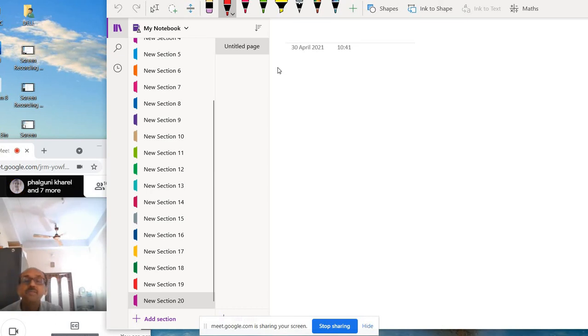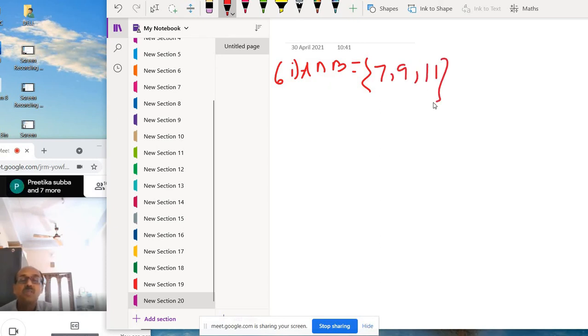A intersection B equals 7, 9, 11. This is A intersection B. Now question number 2, B intersection C. B is 7, 9, 11, 13 and C is 11, 13, 15.